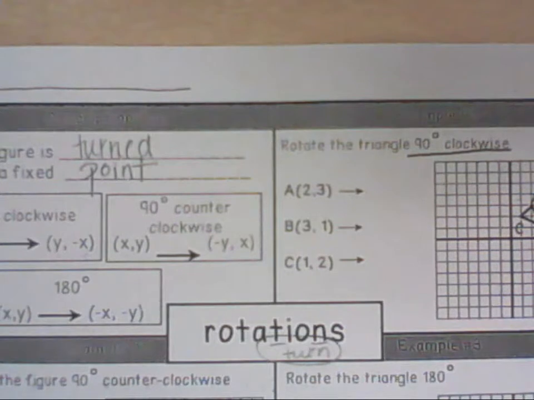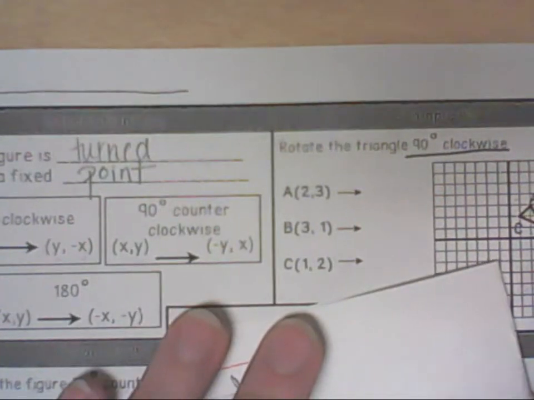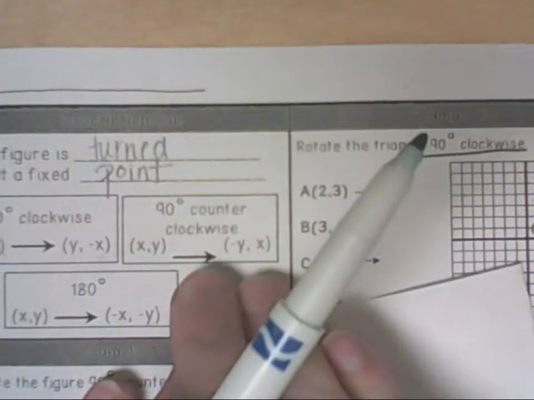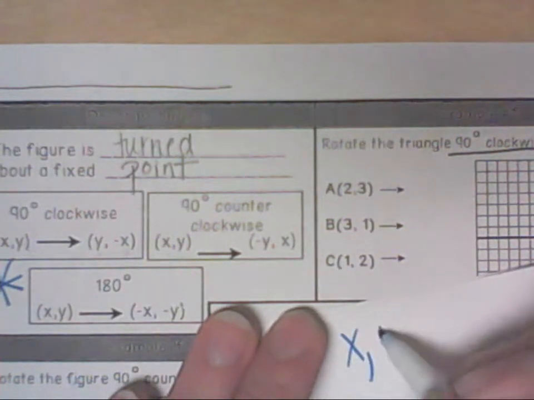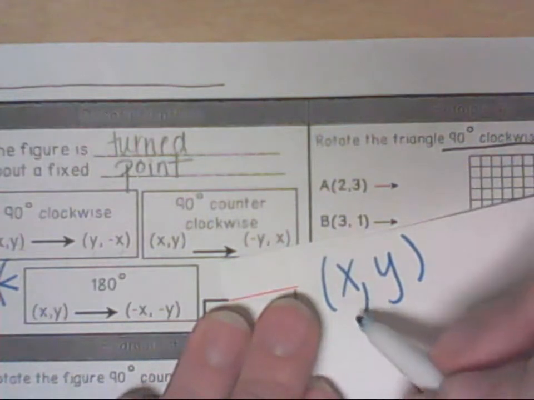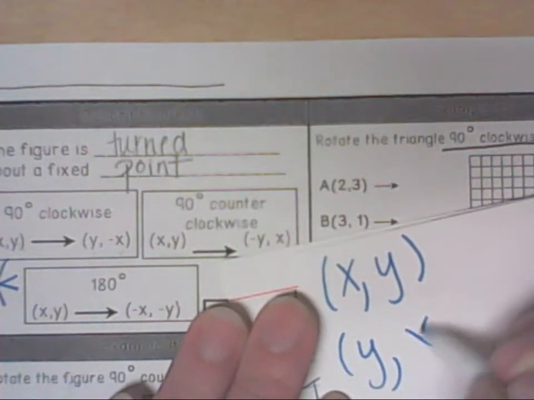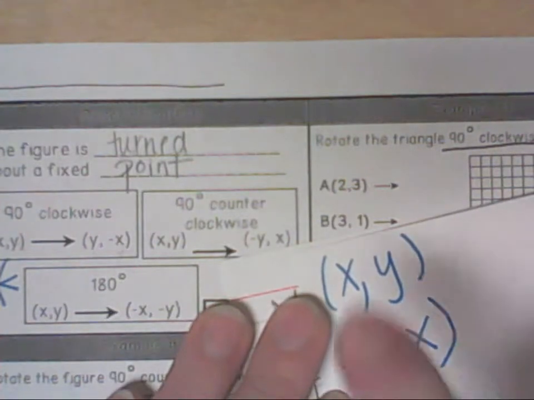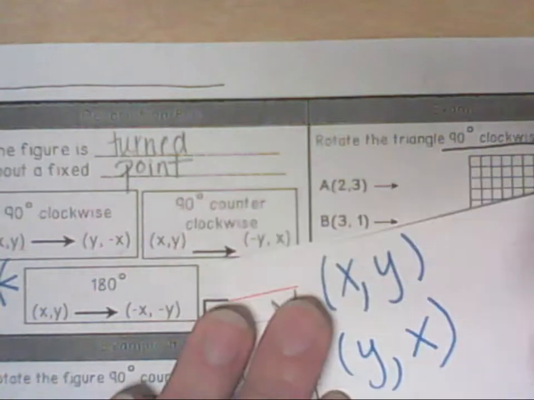For that rule, it says that what we need to do is 90 degrees clockwise. It says our ordered pair (x, y) is now (y, -x). Not only is it flipping the numbers around, we also have that -X.